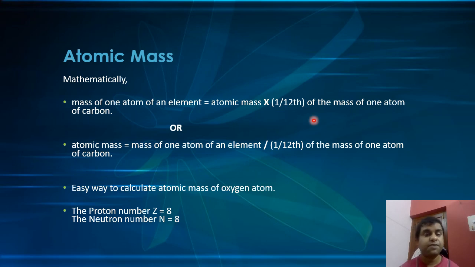What we take into account is the number of protons and neutrons present within the nucleus of an atom. So we add up the two and we get the atomic mass of that particular atom of that element.